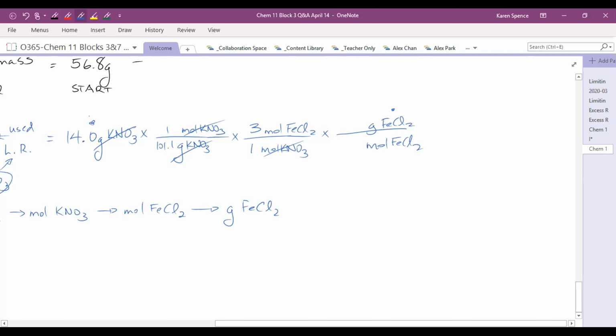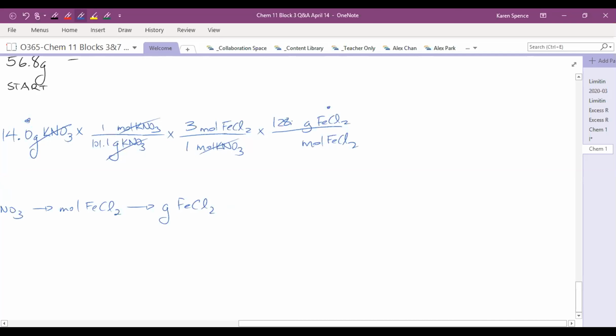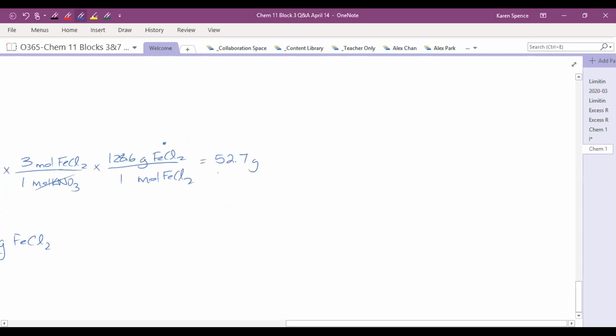So our molar mass of the FeCl2 is 128.6. And we get 52.7. And that is the mass of FeCl2 used. And we can take that.